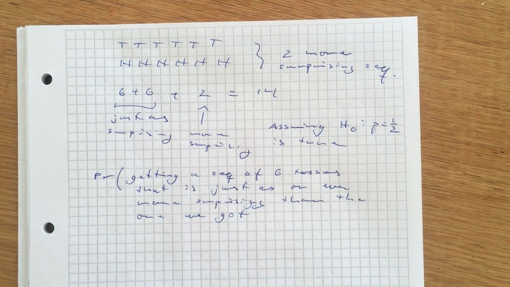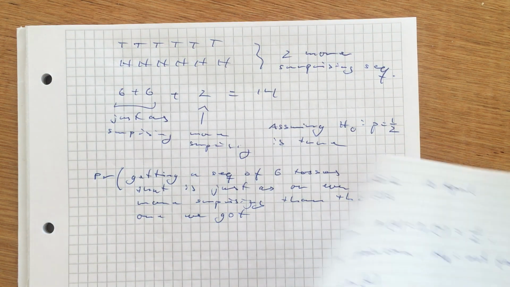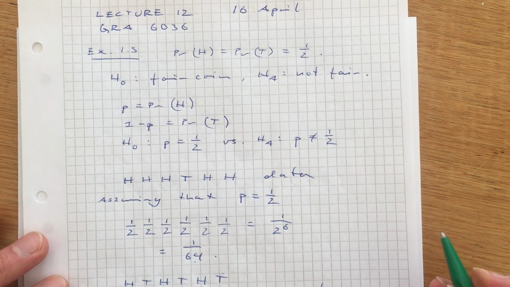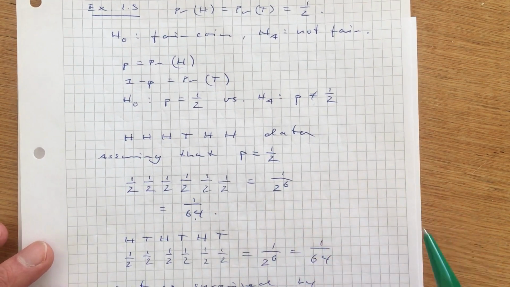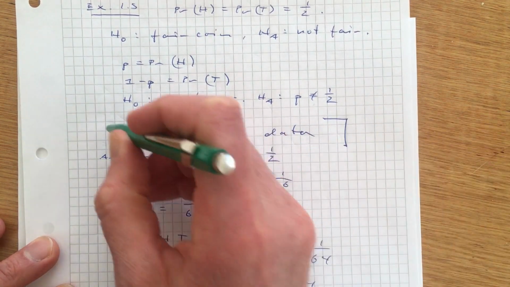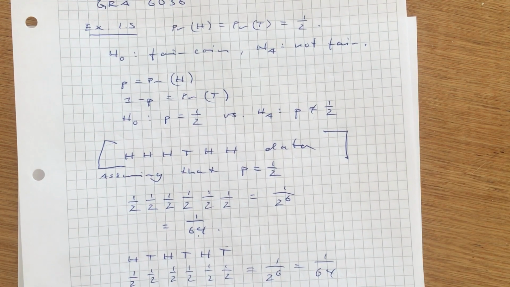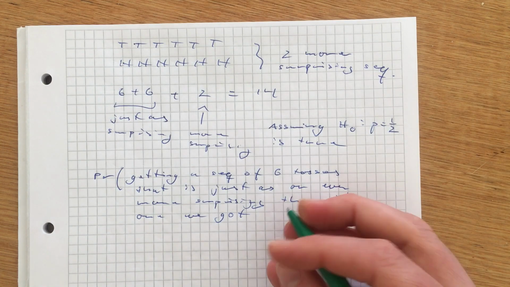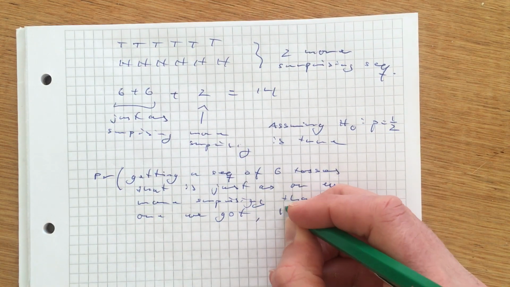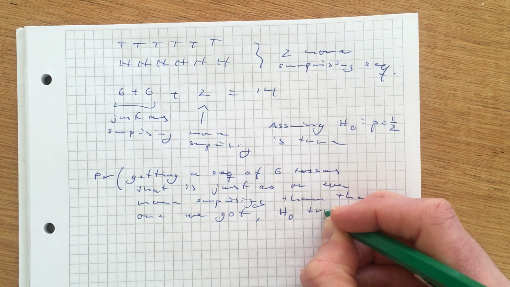And I remind you that the sequence we did get is the sequence right here with our data. Okay, so this is then under assumption that H naught is true.